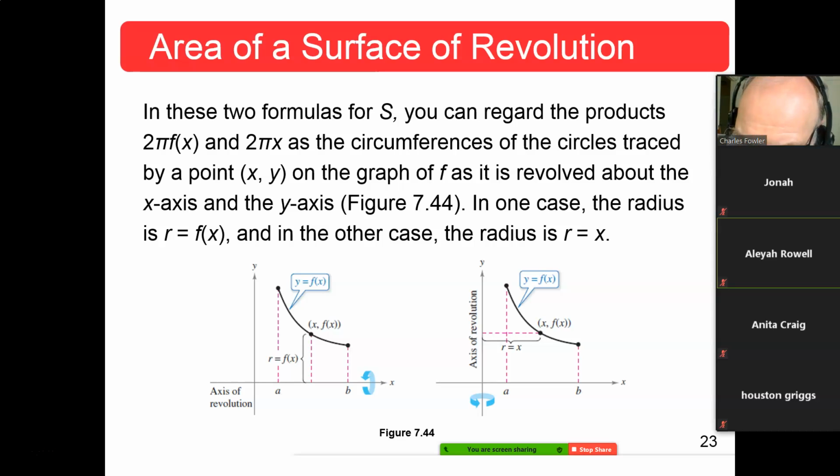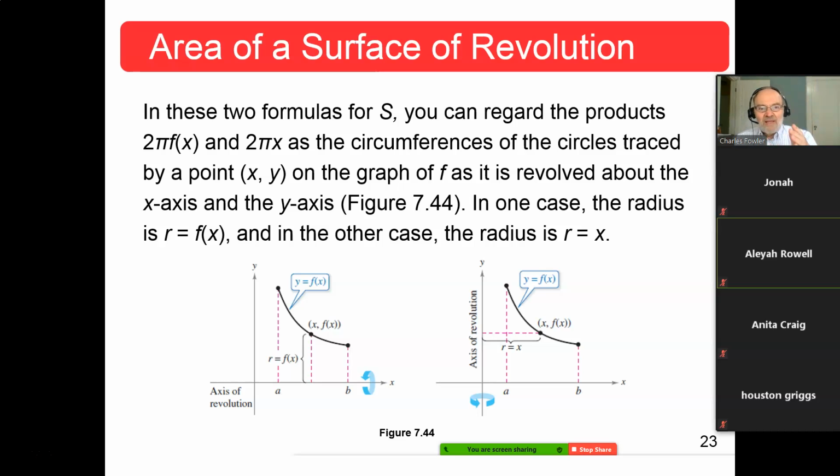Now, what they haven't said, and it's all doable, is if you had a line parallel to the x-axis, above, below, wherever it is, then you just have to calculate your radius from that line to the curve.